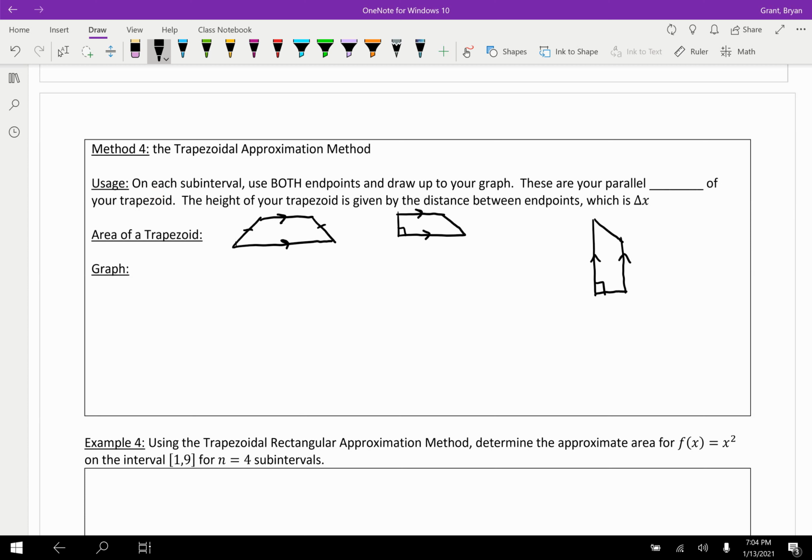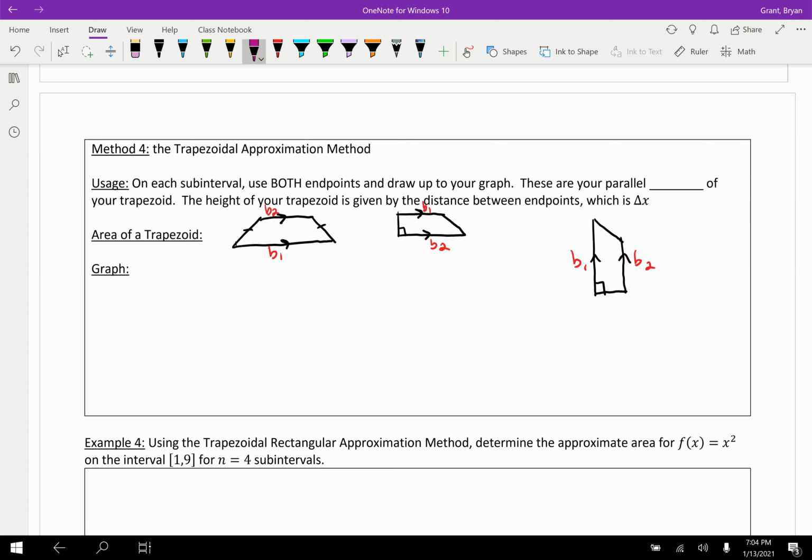Now, we should also define the various pieces of this. When we talk about the base of a trapezoid, we mean the parallel side. So a lot of times we'll see like base 1, base 2. It doesn't matter how you write them here. And if we write with the side ones, we always do this with our parallel sides, base 1, base 2. Or if it's standing upright, maybe base 1, base 2. And then the height of the trapezoid is always given by the altitude drawn between the two parallel bases.